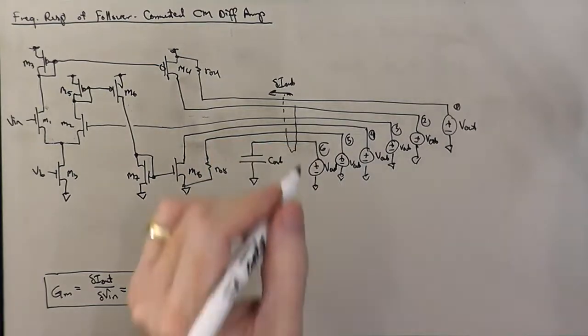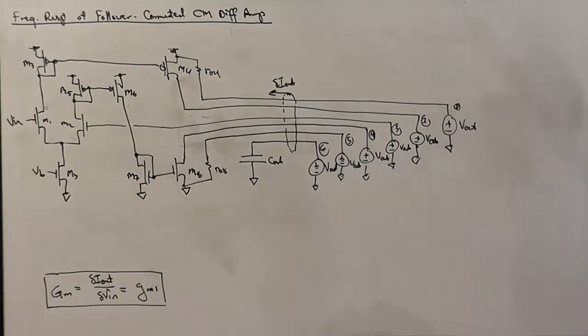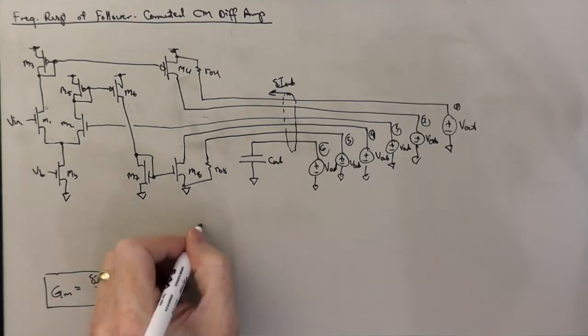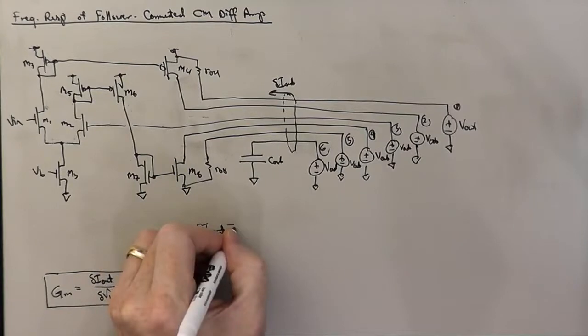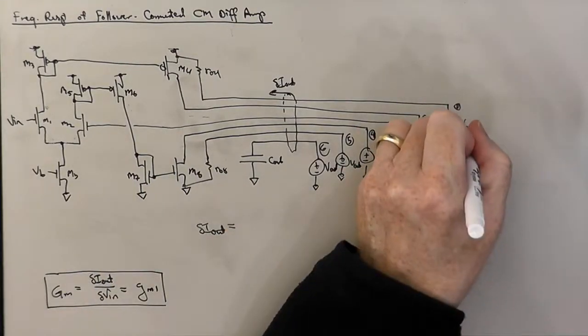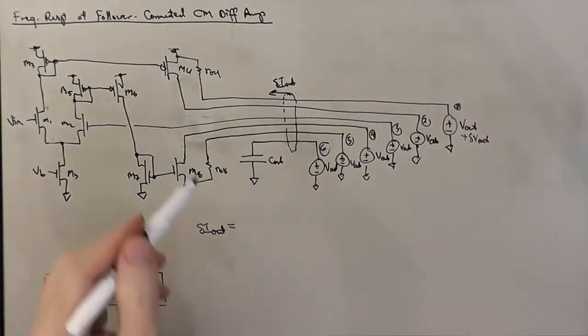And so we're going to, instead of applying all of our output sources simultaneously, apply them one at a time and accumulate our delta I out, and they combine by superposition. So let's start out with our delta V out here on branch 1. What are we talking about here?